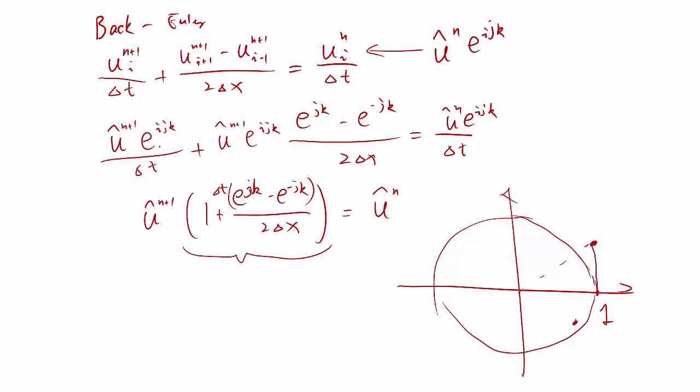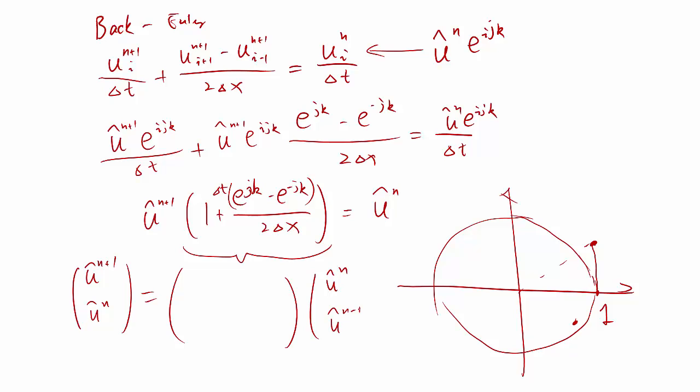If you get 3 consecutive time steps, then you can write u hat of n plus 1, u hat of n as a matrix times u hat of n, u hat of n minus 1. And the matrix is always going to have a row of 1, 0, because u hat of n is equal to u hat of n. And these are from the derivation.